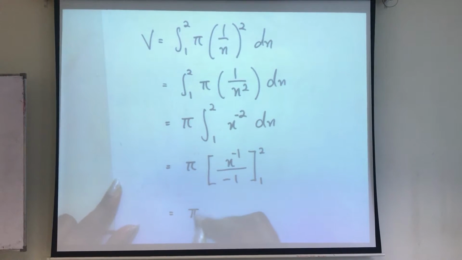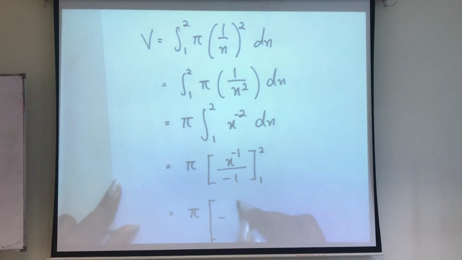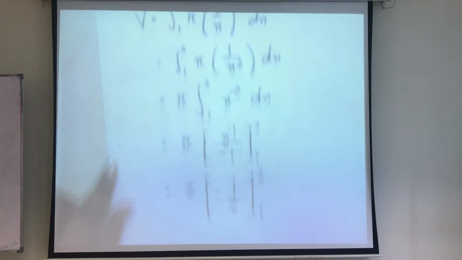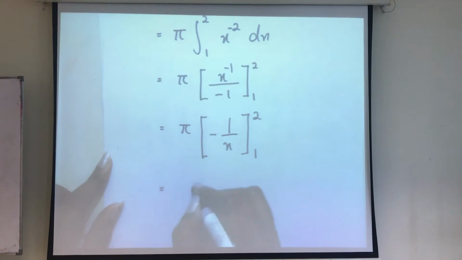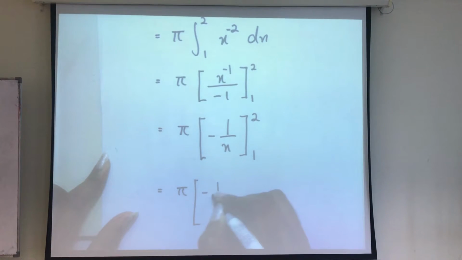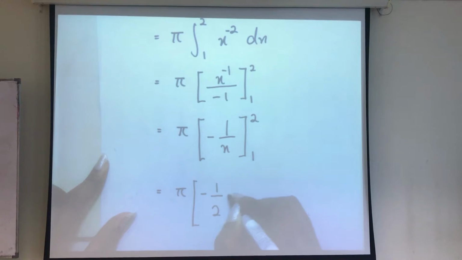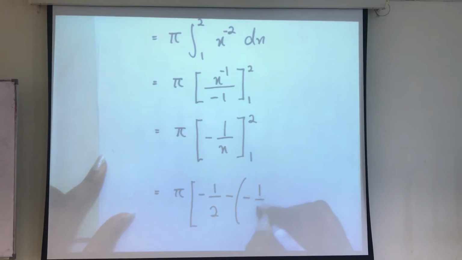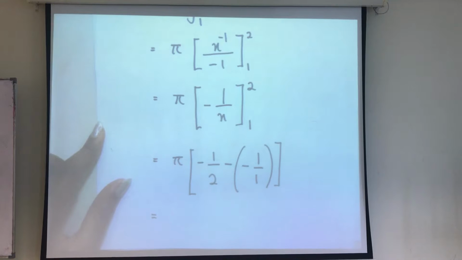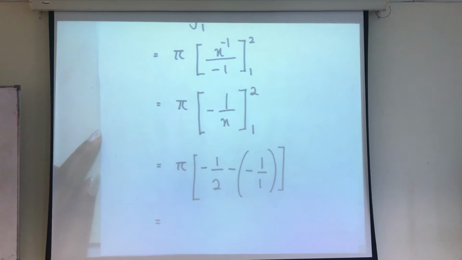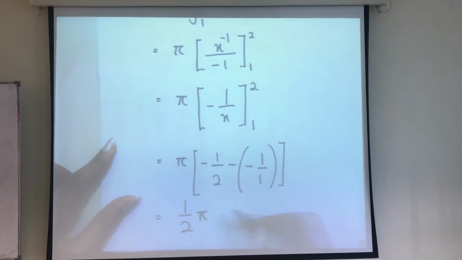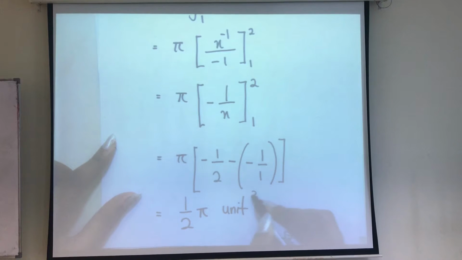So pi times negative 1 over x, limit 1 to 2. And we substitute the values of a and b: negative 1 over 2 minus negative 1 over 1. What do you get? 1 over 2 plus 1. 3 over 2 pi? No: 1 over 2 pi. Unit cube.